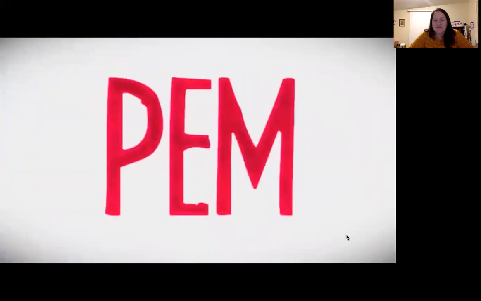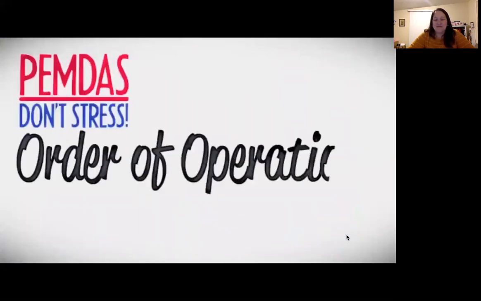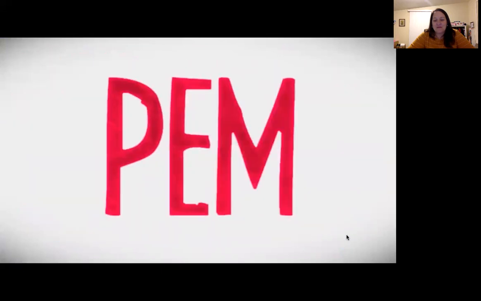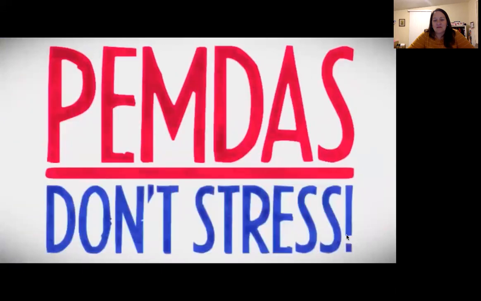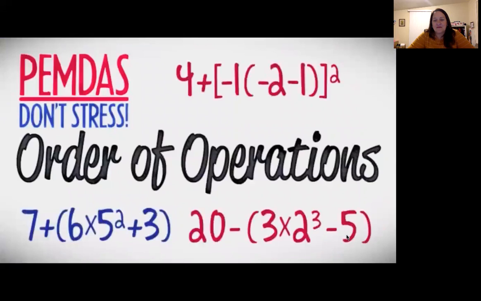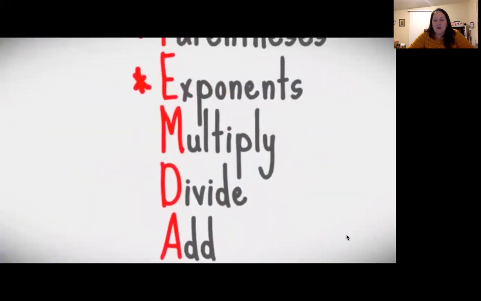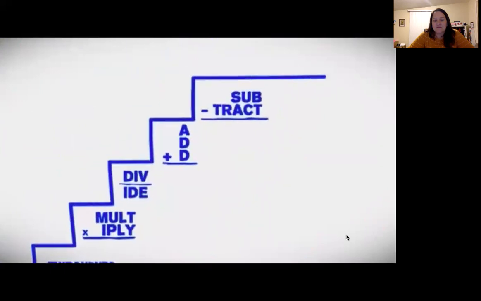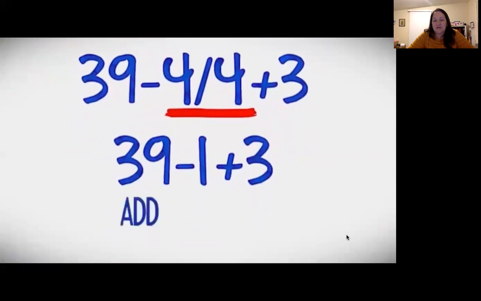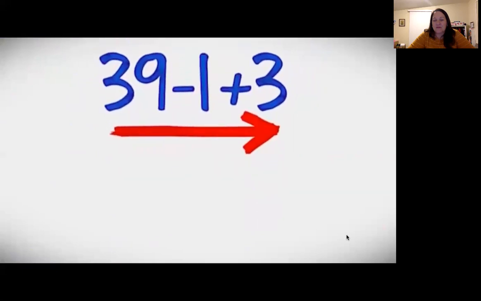Multiply and divide in the order it appears. One more step and the answer will be clear. And now it's finally time for us to add and subtract in the order it appears.